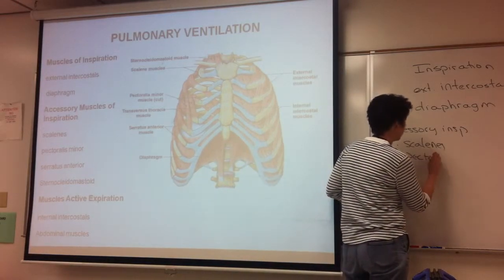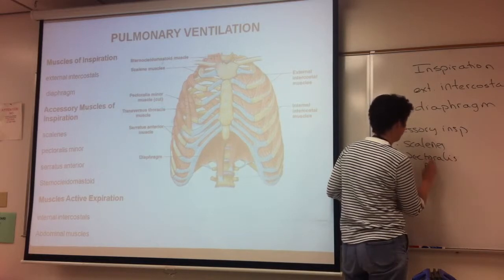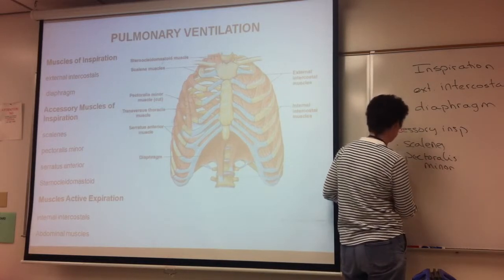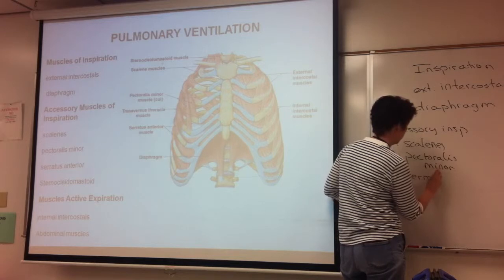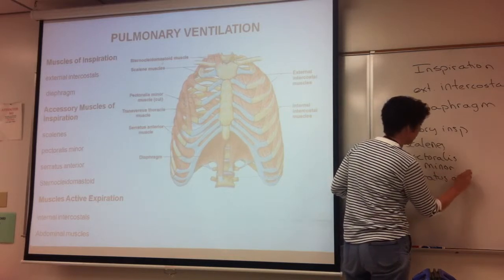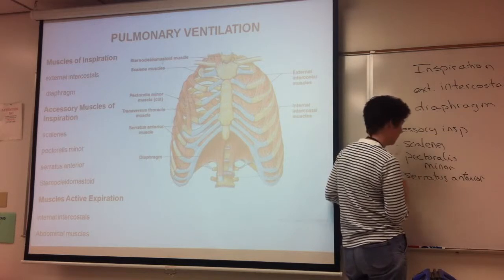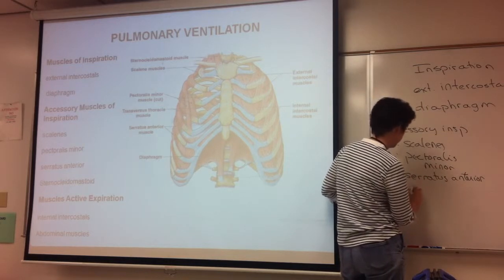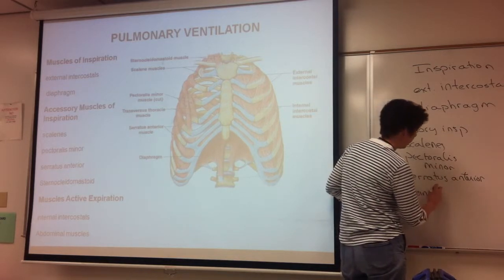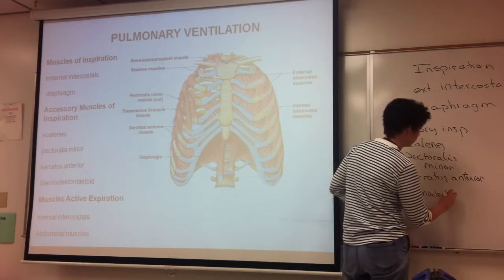So we reviewed this on Friday, just putting a little bit up here again. So pectoralis minor, serratus anterior, not all of serratus anterior, but some of those fibers will work, and sternocleidomastoid. Why not pectoralis major?